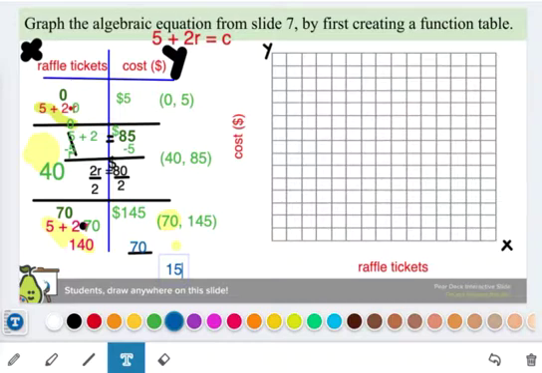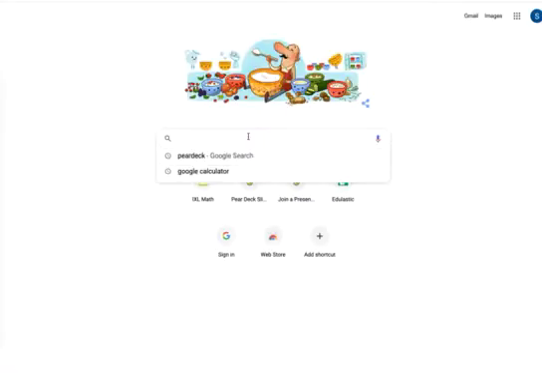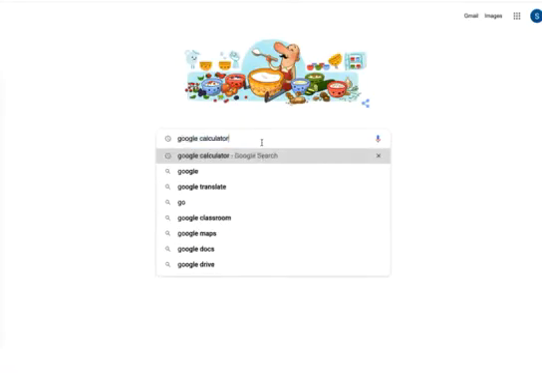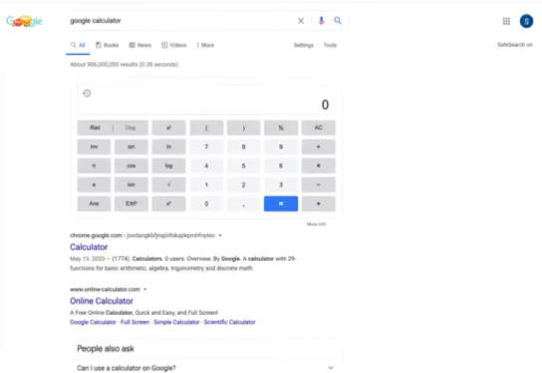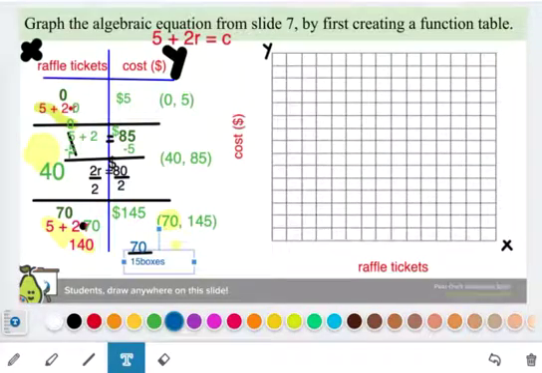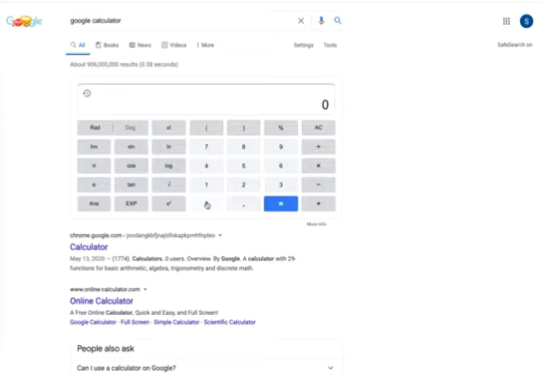I'm going to make this a smaller font size so I have more room for other work. Okay, so on the Google Calculator our number is 70 divided by 15, and you get 4.66.